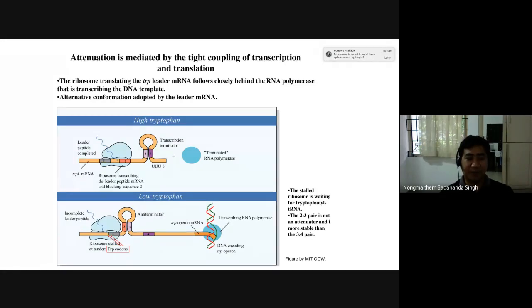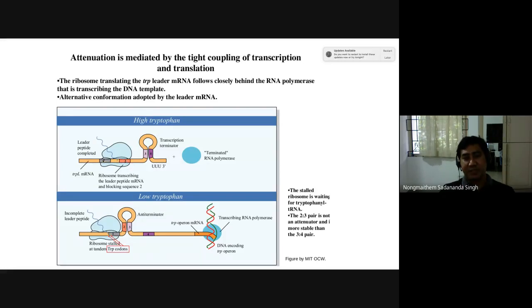In the tryptophan operon, the leader peptide which is present in sequence 1 has tryptophan in it. So when there is enough tryptophan inside the cell, in a high tryptophan condition, the ribosome immediately translates and passes through element 1 and reaches sequence number 2.